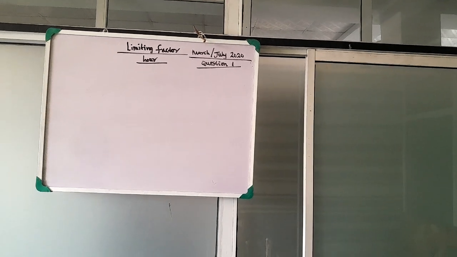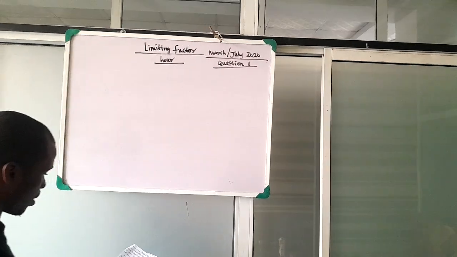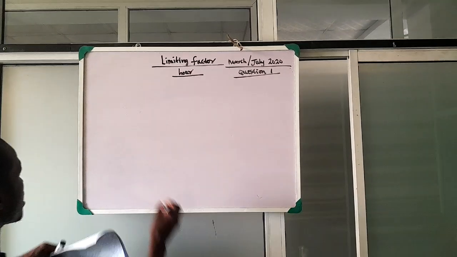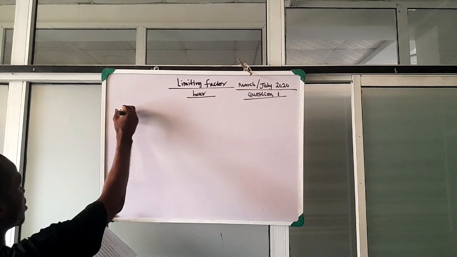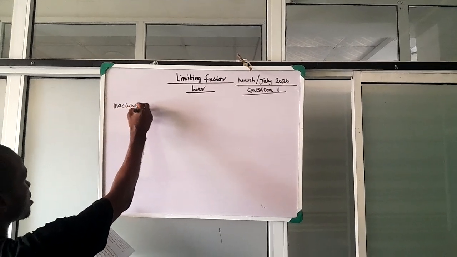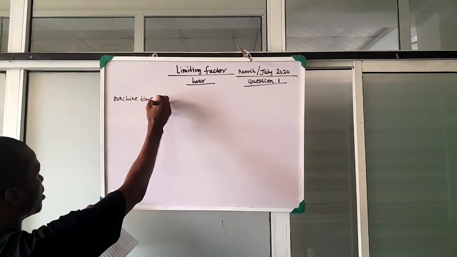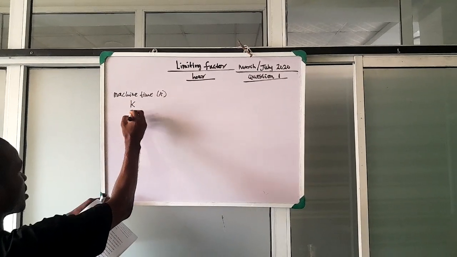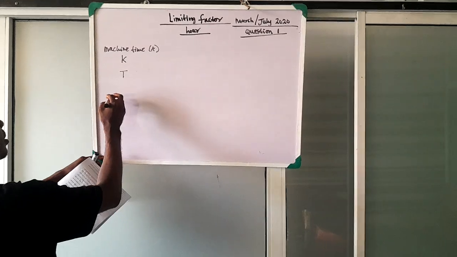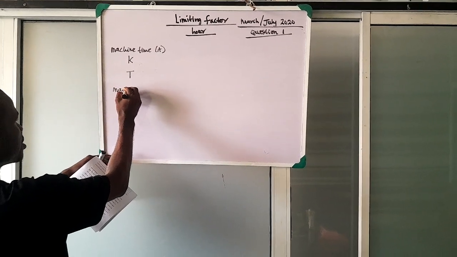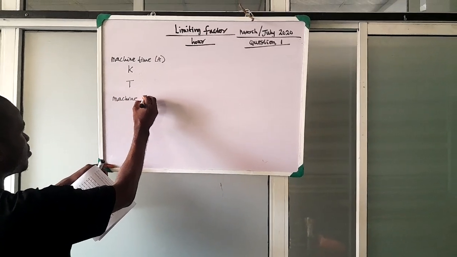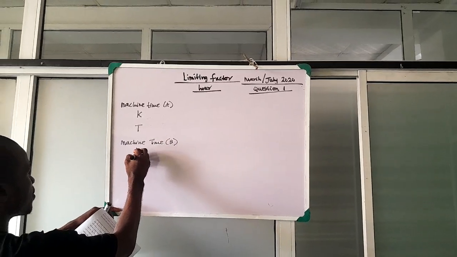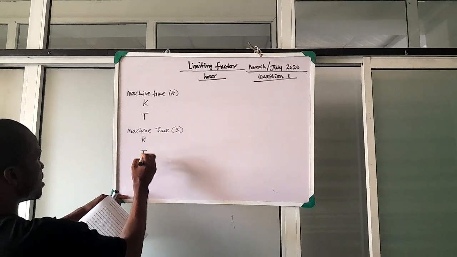So we'll start with machine time A and B. Under machine time A, we have K and T. We equally have machine time B. Under machine time B, we equally have K and T.